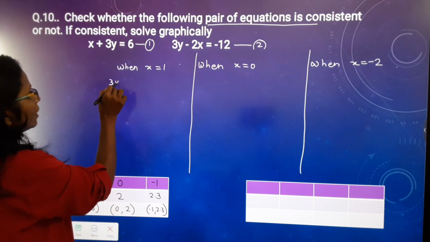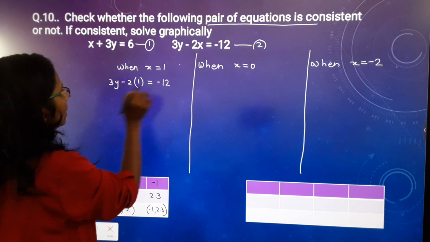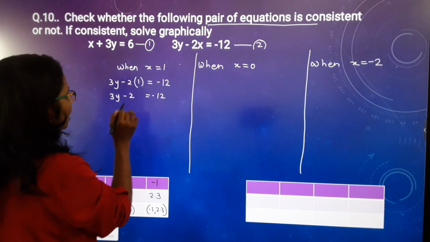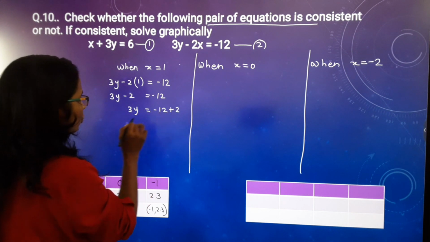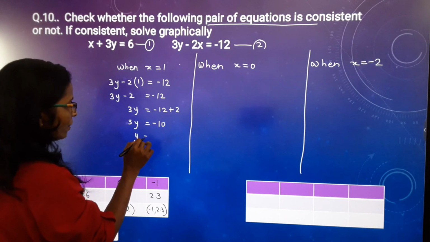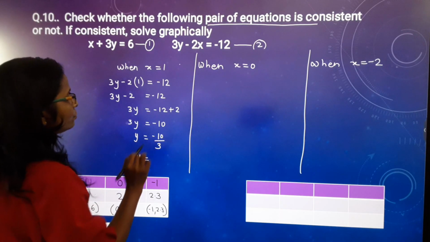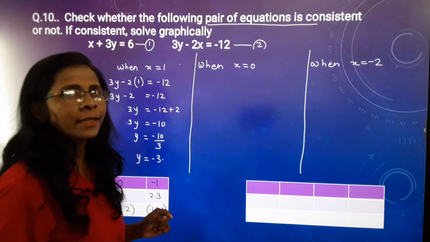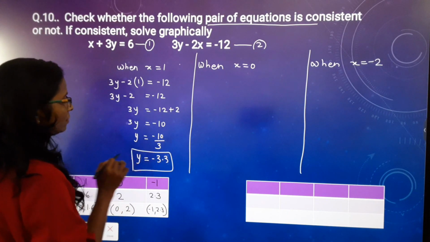So now 3y minus 2 multiply 1 is equal to minus 12. So 3y minus 2 is equal to minus 12. That means 3y is equal to minus 12 plus 2. So 3y is equal to minus 10. So y is equal to minus 10 upon 3, so y is equal to minus 3.3. This is the first value.